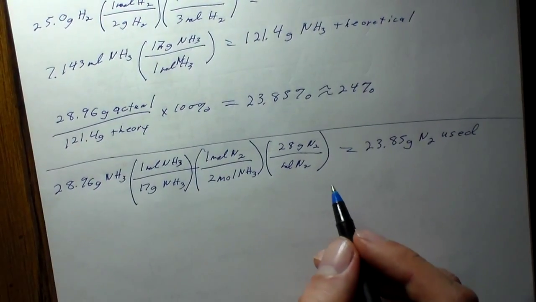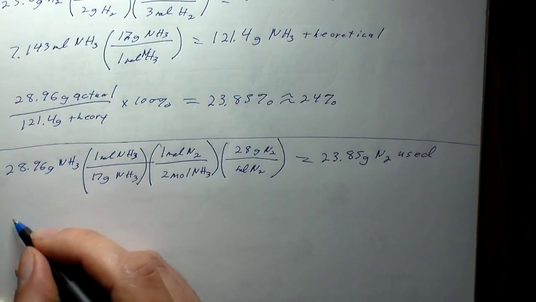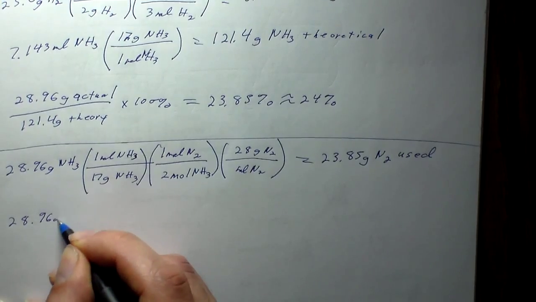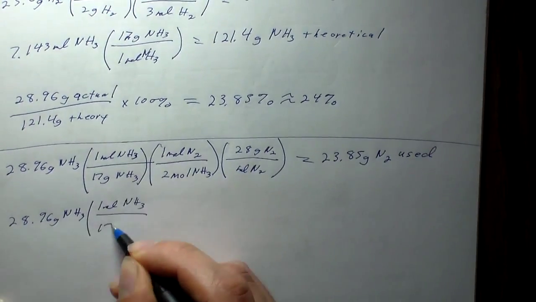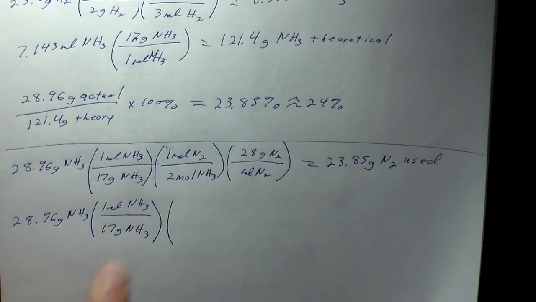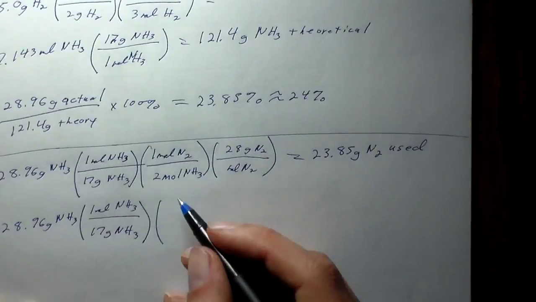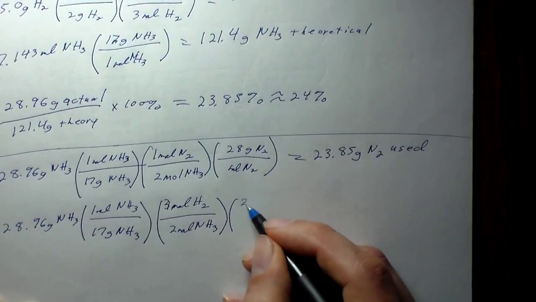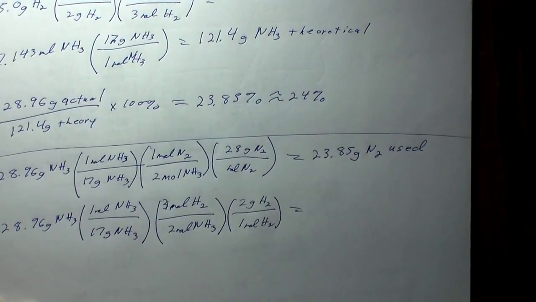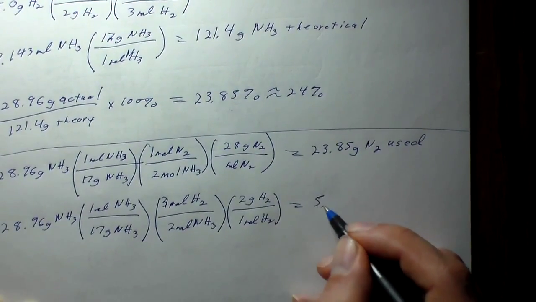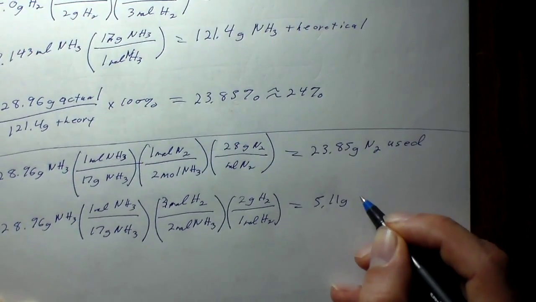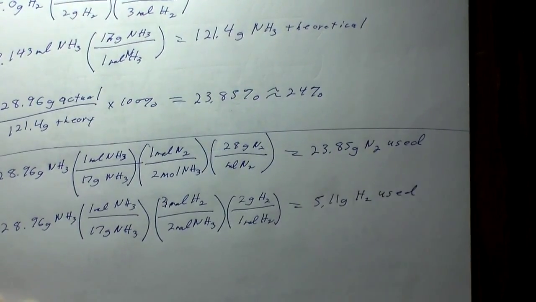So it's going to be exactly the same thing. We started with 28.96 grams of ammonia. So that's exactly the same. And then over here we're going to have now 3 moles of hydrogen and 2 moles of ammonia. And then our 2 grams per mole. So we run through this calculation and we get here 5.11 grams of H2 used.